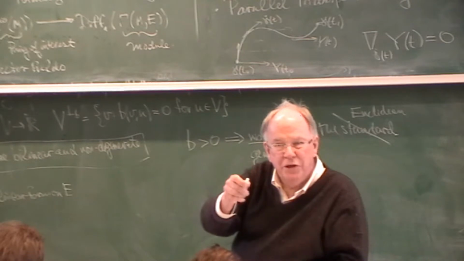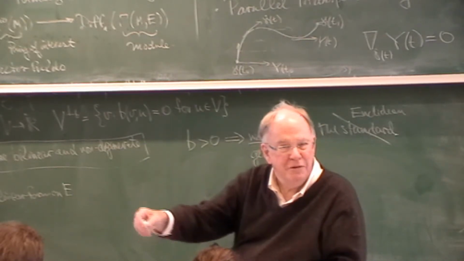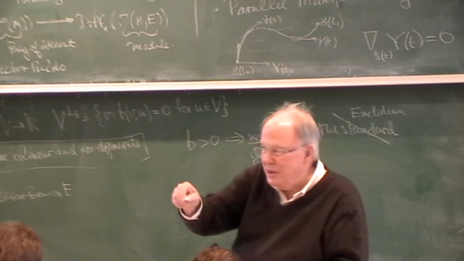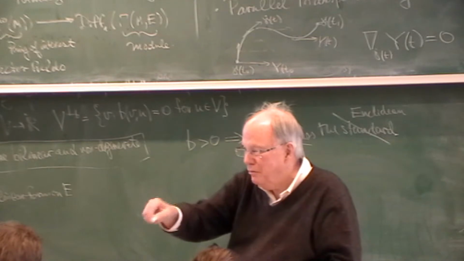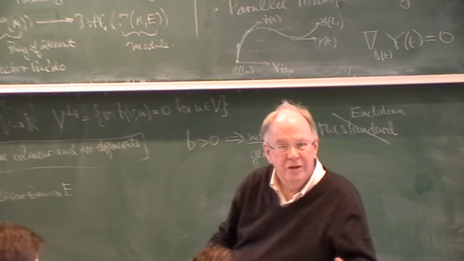If B1 is a bilinear form on that vector space and B2 is a bilinear form on that vector space, then A1 B1 plus A2 B2, where A1 and A2 are constants, you can add them.